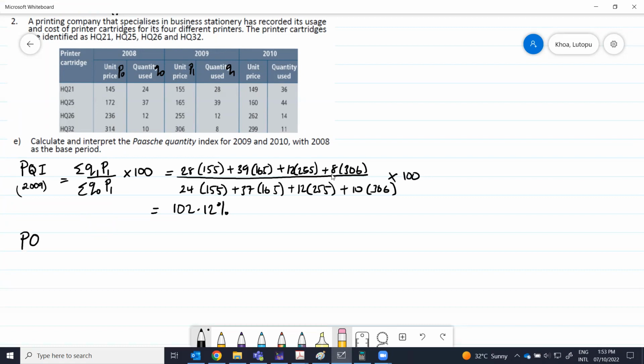Then again, the Paasche quantity index for 2010, the formula remains the same.